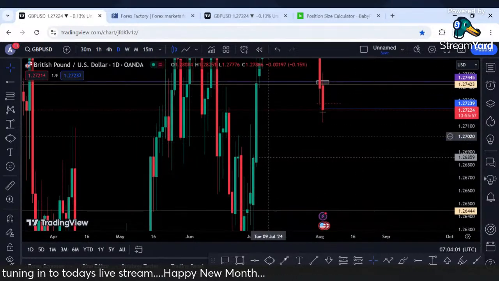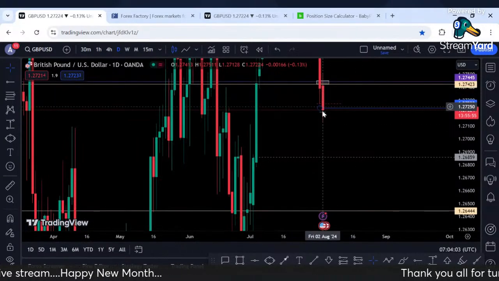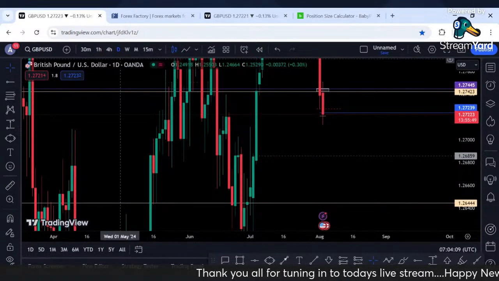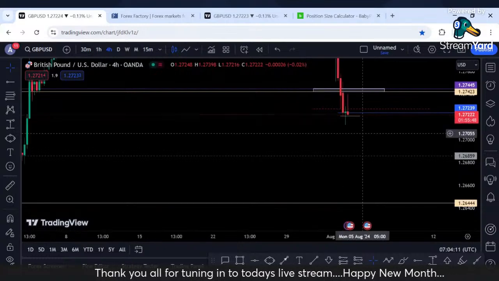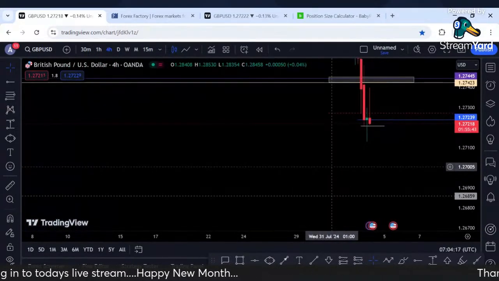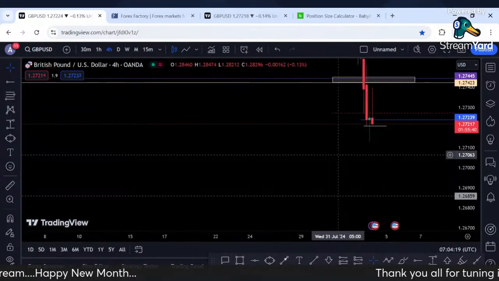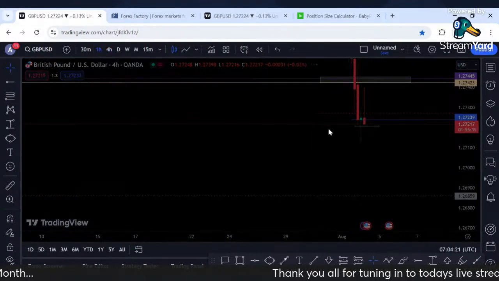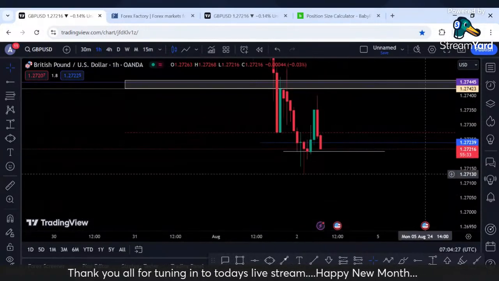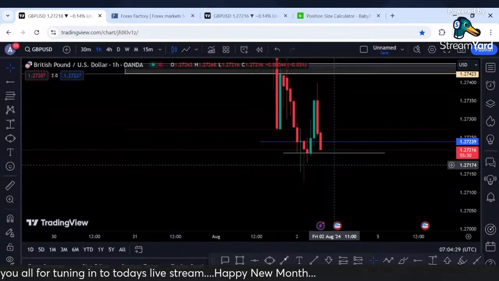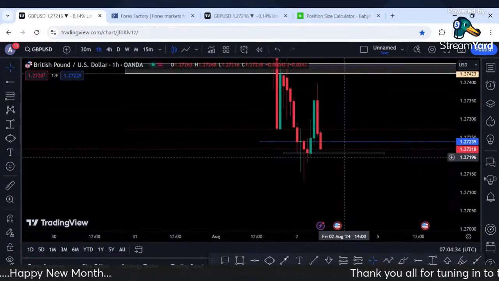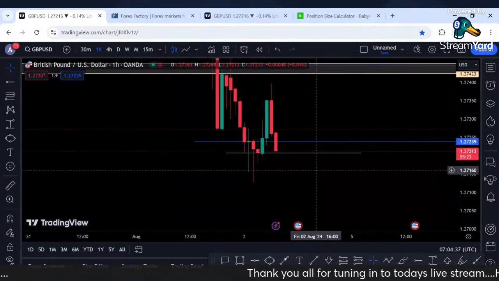So the daily range is a very big range. It has a long way to go. Even though we said clearly that we are looking for sell, there was no opportunity.